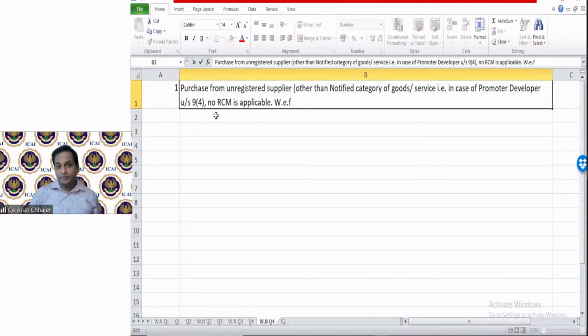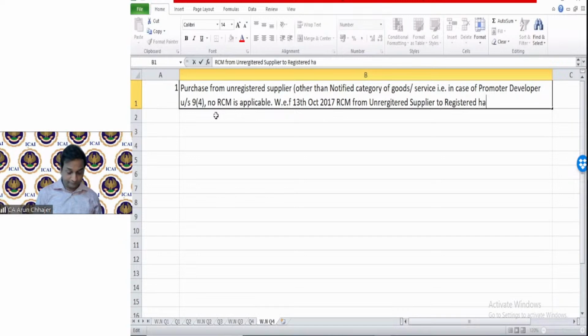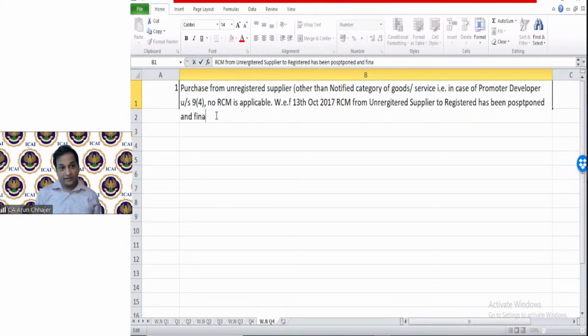With effect from 13th of October 2017, unregistered supplier to registered has been postponed, and finally it has been amended.